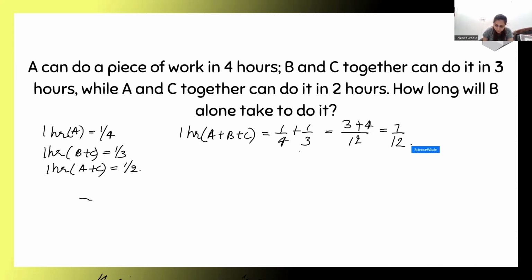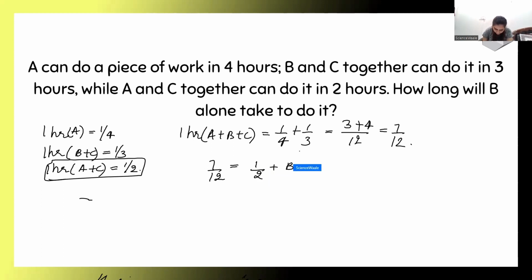So this is the 1 hour work of A plus B plus C. From this, what they have asked us is how long will B alone take to do it. Now we know that 1 hour work of A plus C is 1 by 2.